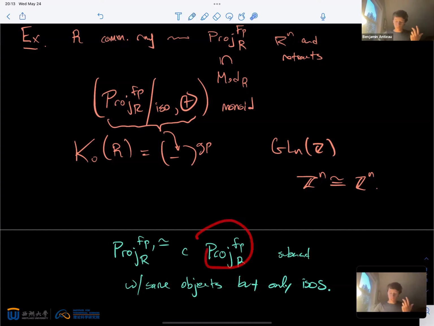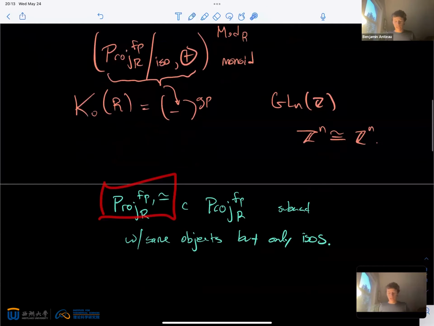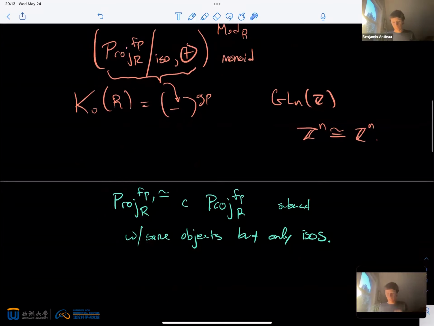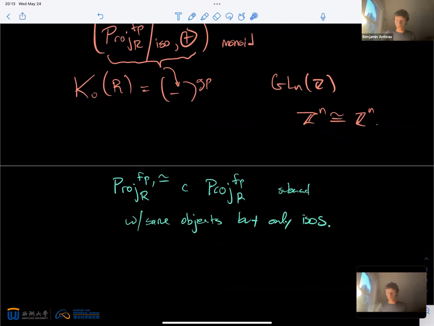So in proj finitely presented, I can have the zero map, or I can have a map which is multiplication by 7, et cetera. In this subcategory, I don't have any of that; I just have equivalences. So it's more than nothing. In particular, I remember the full action of GL_n(Z) on the free abelian group on n elements.